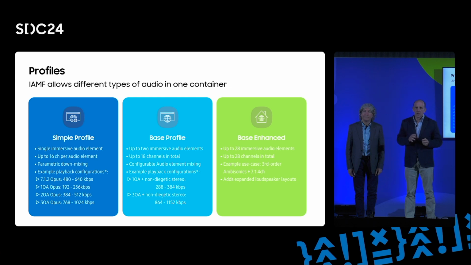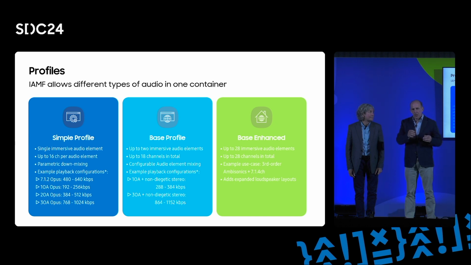And then in terms of profiles, we have at present 3 different profiles. I think the one that we would ask people to focus on is base profile, but each of these profiles supports an increasing number of channel layouts and audio elements. So for simple profile, it's up to 16 channels, 1 audio element. For base profile, which is the one that, as we'll discuss later, we expect to see in the ecosystem available in streaming services and in devices in 2025, that supports up to 18 channels.